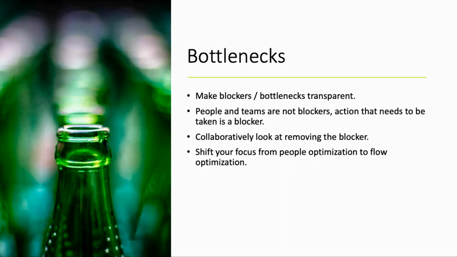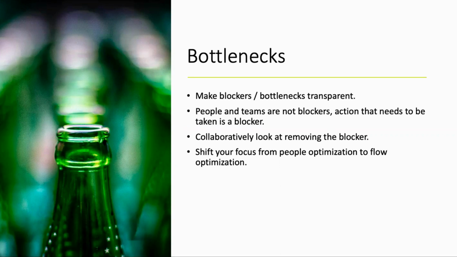To remove the blocker, you have to look at it collaboratively. There are various methods to understand why the blocker happened and to understand the various action plans to remove the blockers. One of the methods is blocker clustering. In blocker clustering, we cluster the same type of blockers into a group. We create groups of the same type of blockers and then identify which are the internal blockers and which are the external blockers.